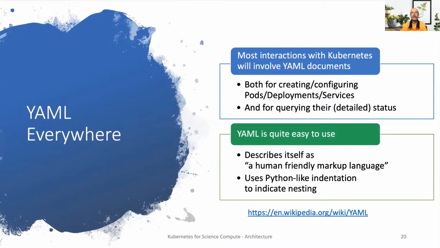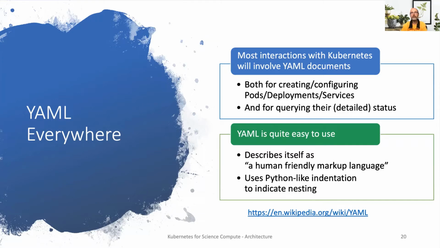And to do that, you will need to know two things. First, how to actually tell Kubernetes what you want. And you will write YAML files or YAML documents for that. And this is both for creating and configuring pods, deployments, services, and also if you want detailed information about the system, it will be a YAML document.